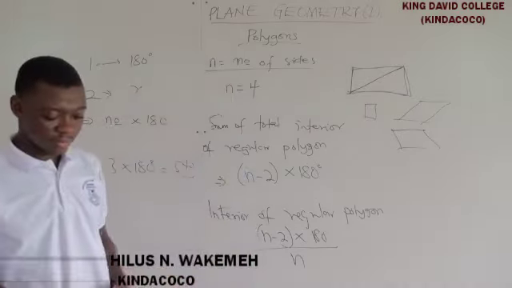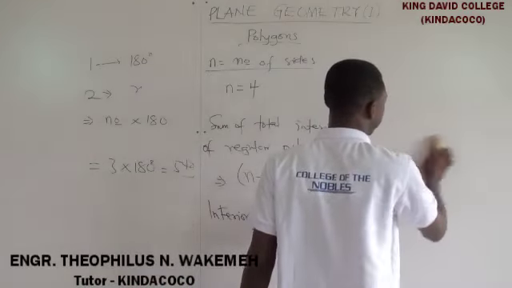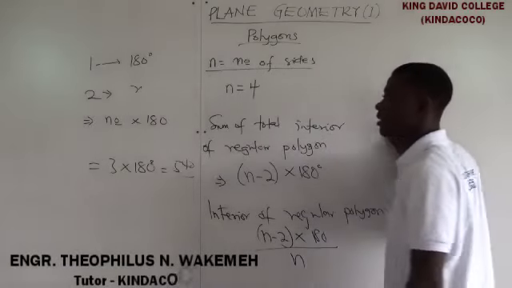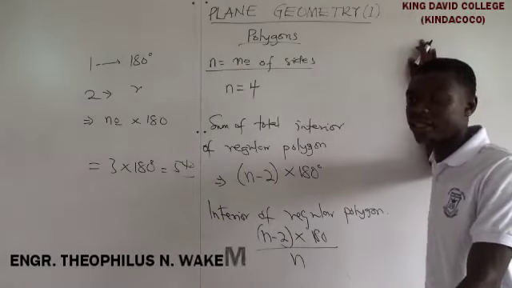Now, lastly, if you have to look for the exterior angle of a regular polygon, you need one of the angles over there.